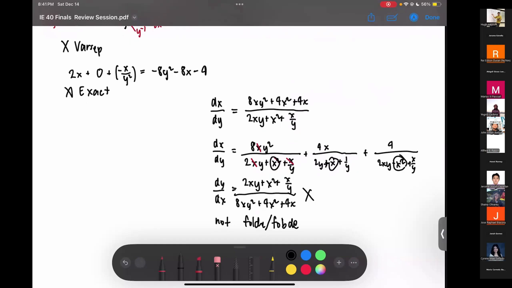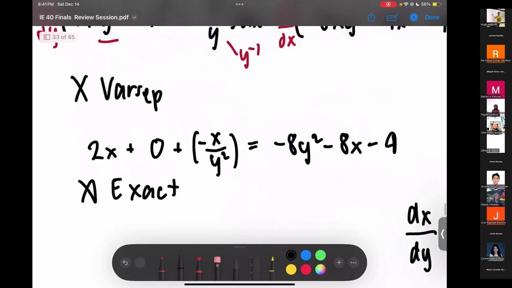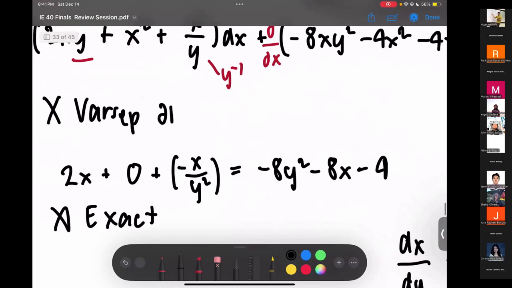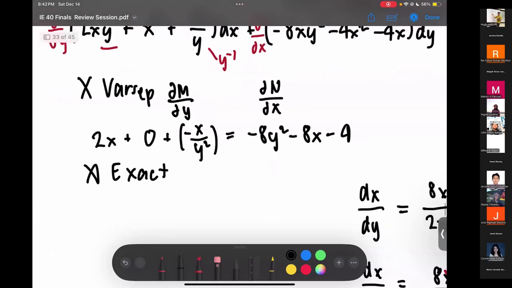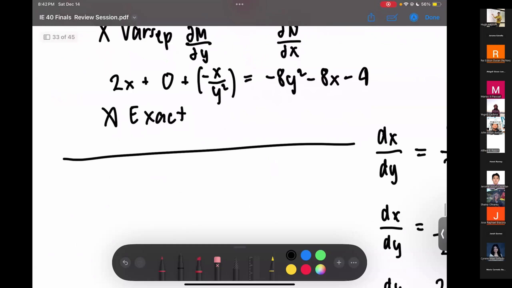The last thing we'll try is integrating factor. There are three variants of integrating factor. Una, if it's completely in terms of x or completely in terms of y. So, if you guys recall, nag-try tayo ng exact method. This is partial of m over partial of y, and then this is partial of n over partial of x. We can actually just use that kasi ito rin yung lalabas sa testing for integrating factor.